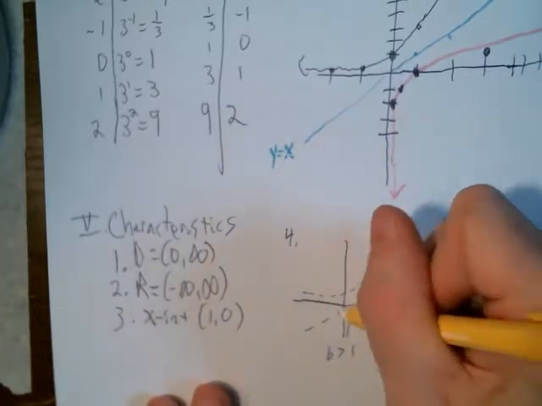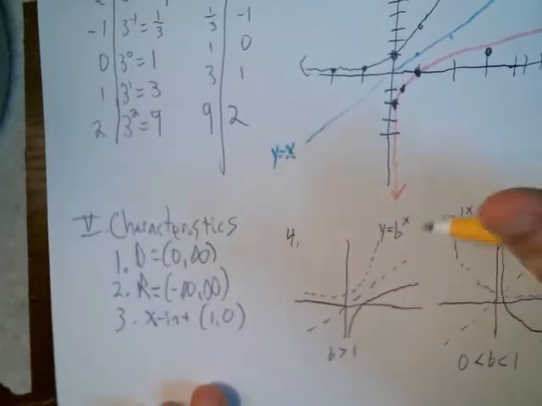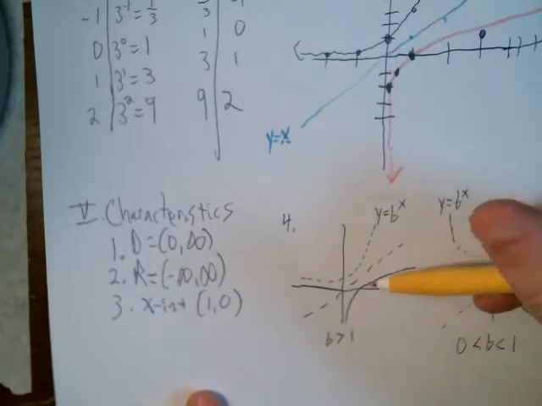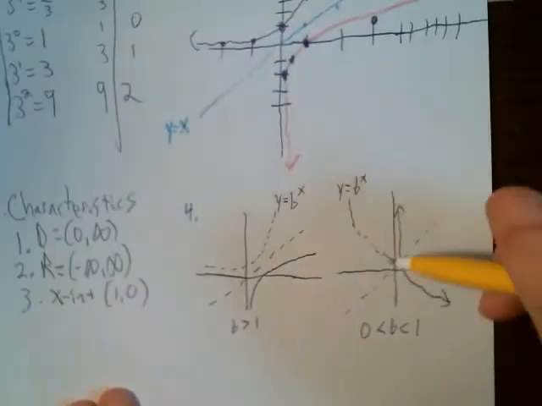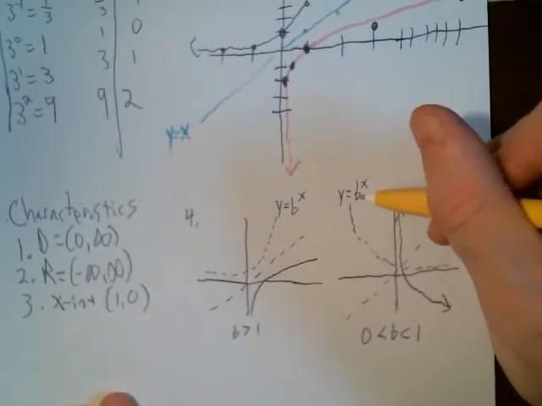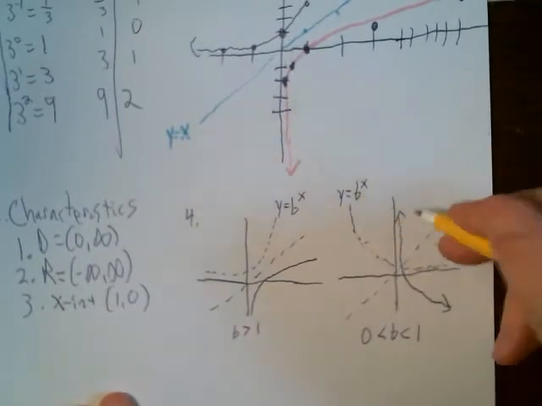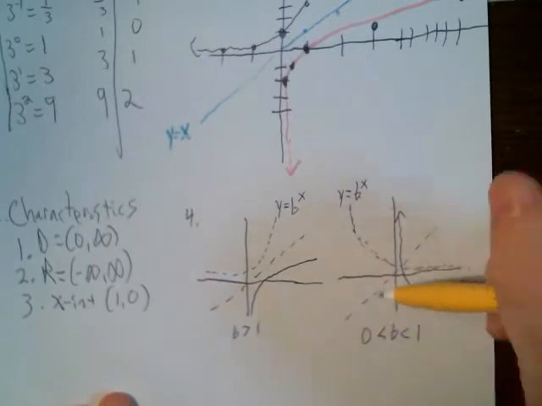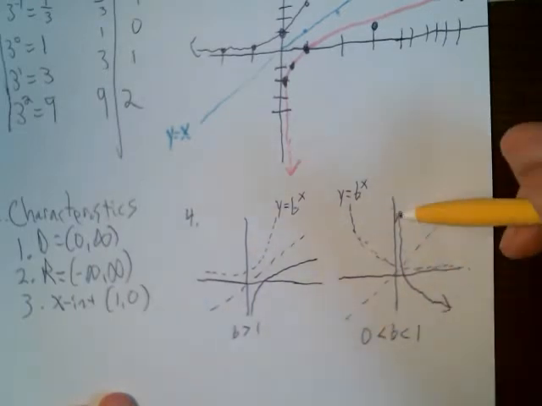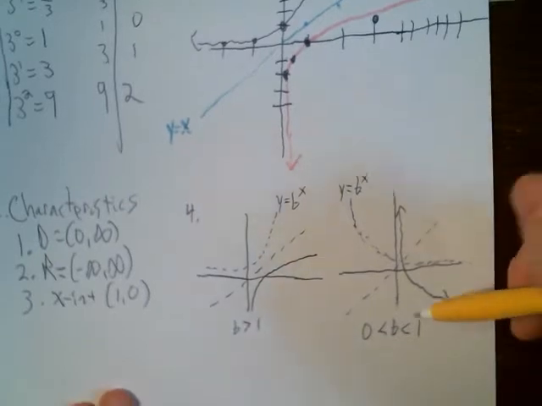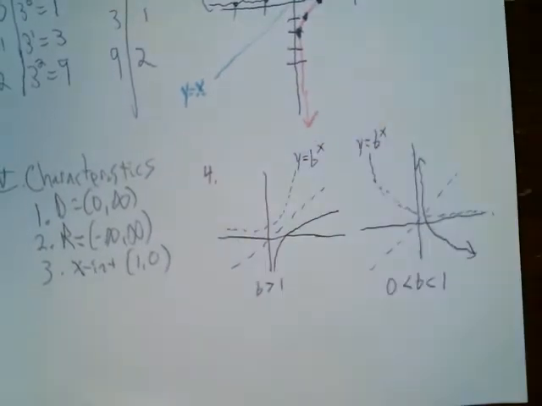If you rotated that around that diagonal, you would get this logarithmic form where the b value is greater than 1. Then if you have the b value between 0 and 1, you have the decay form of the exponential, and if you rotated that about the line y equals x, you get this logarithmic graph where b is between 0 and 1.